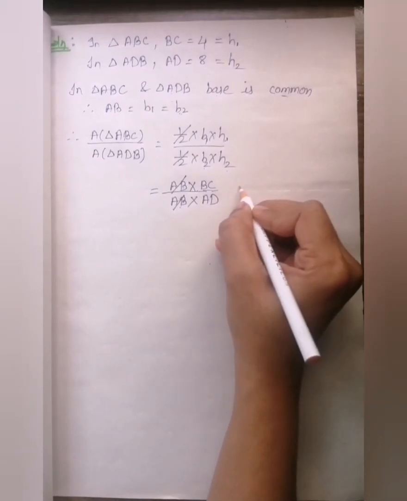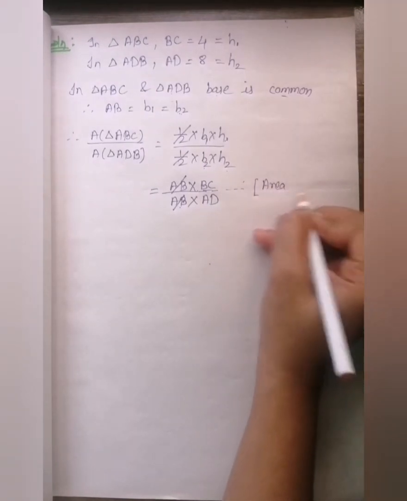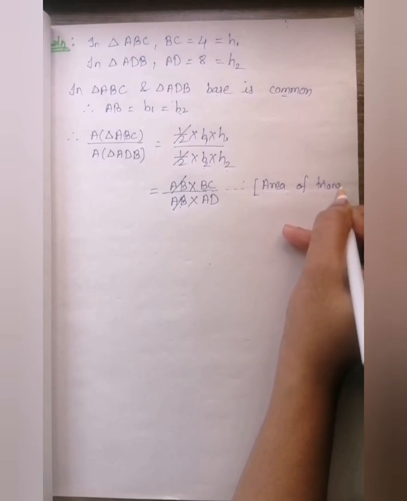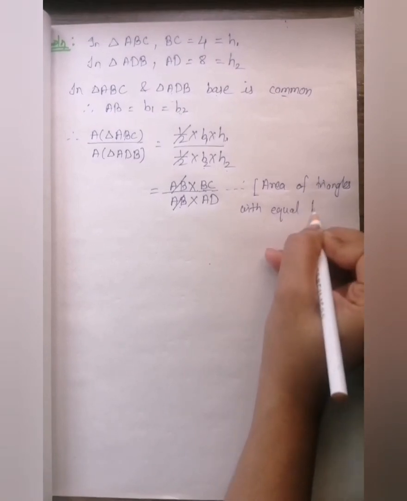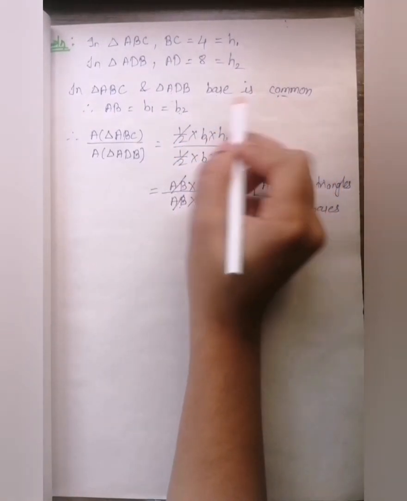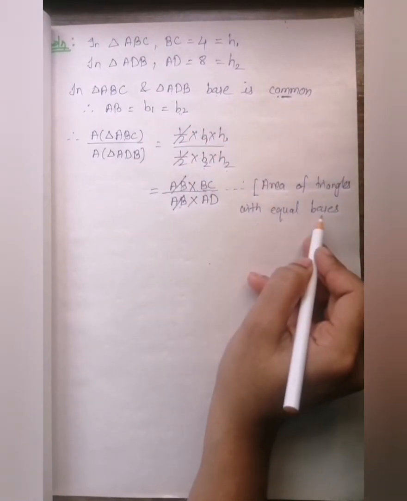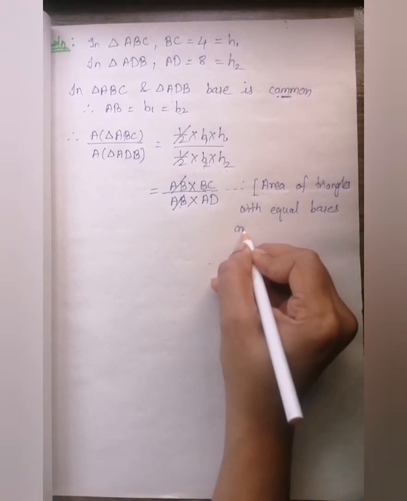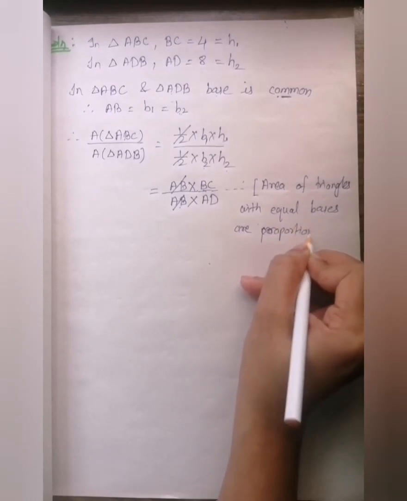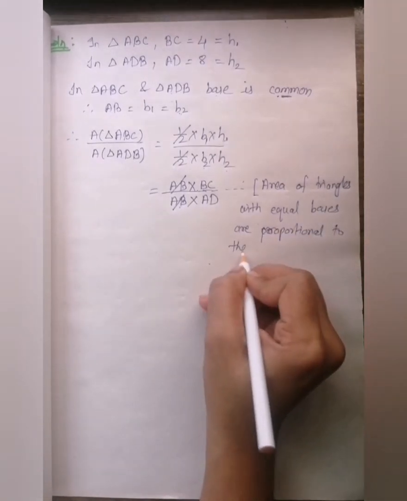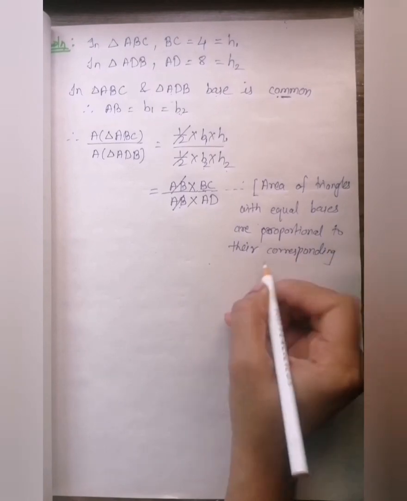So here we write the reason: areas of triangles with equal bases, same base or equal, we can also write common, are proportional to their corresponding heights.